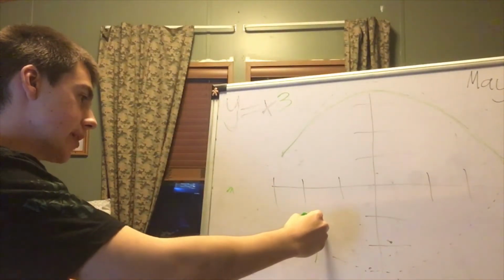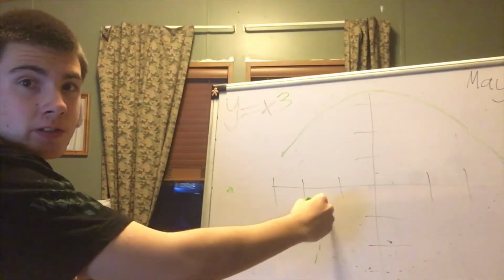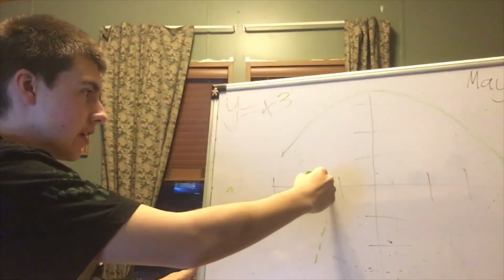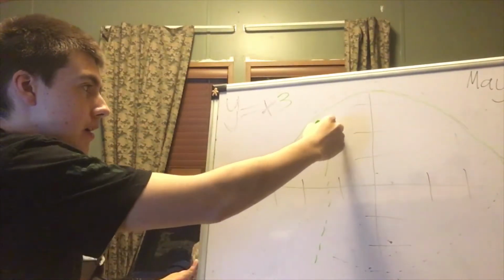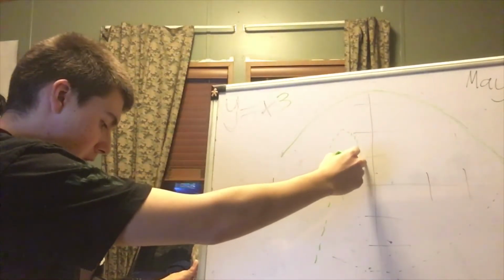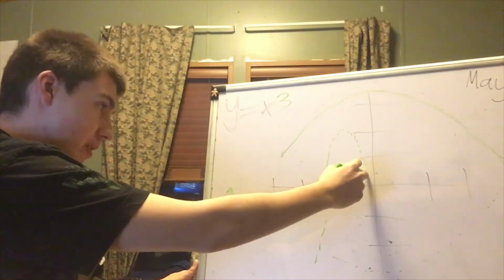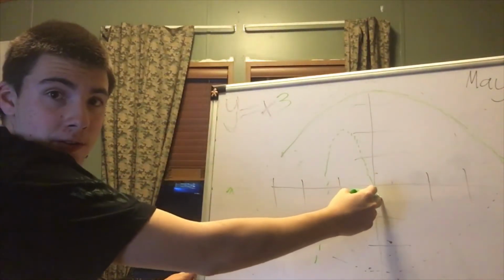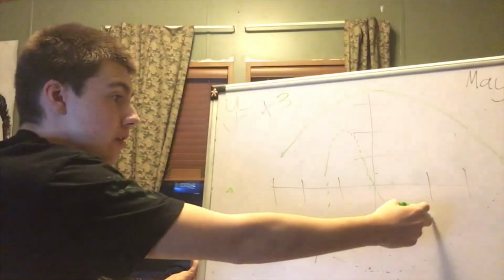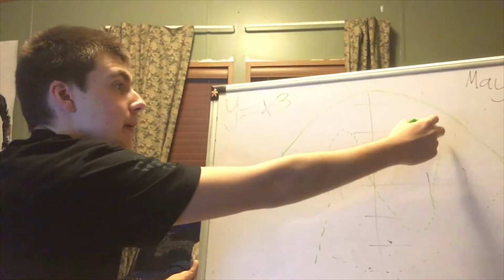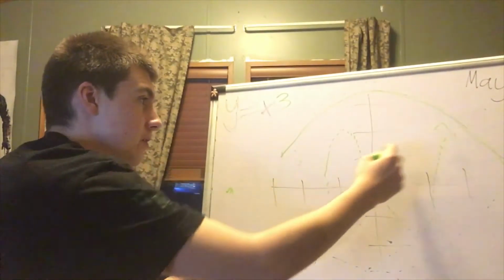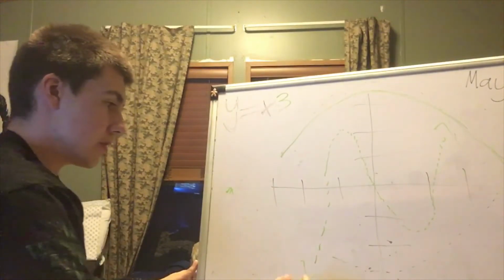I'm using a dotted line to illustrate this. It goes up, down, so it'll hit the x line over here, as you can see, and then it'll go up again, to right here and down here.